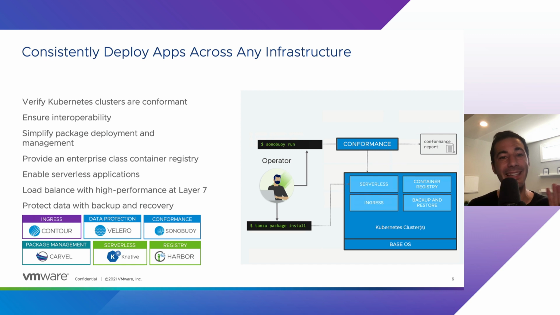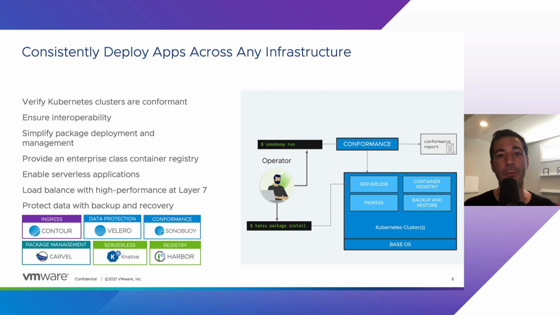We also want to make sure we can consistently deploy our apps across any infrastructure. As we're deploying our Kubernetes clusters with Cluster API, by default, they are upstream conformant, meaning that we are not taking a fork of anything running inside of Kubernetes. Instead, we are taking everything that is coming from the Kubernetes community and providing that as an image that you can then use to deploy.